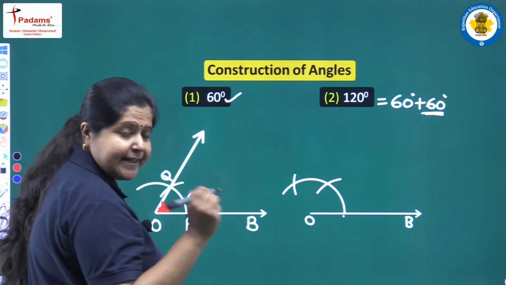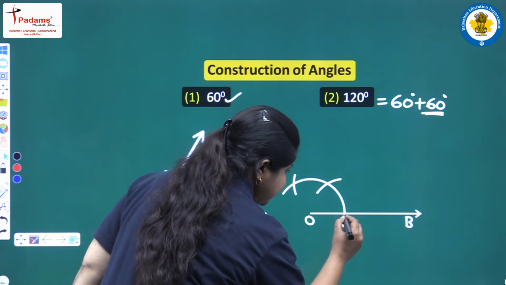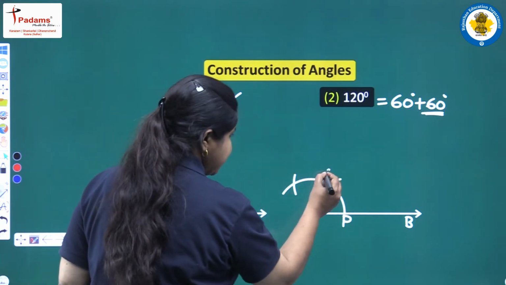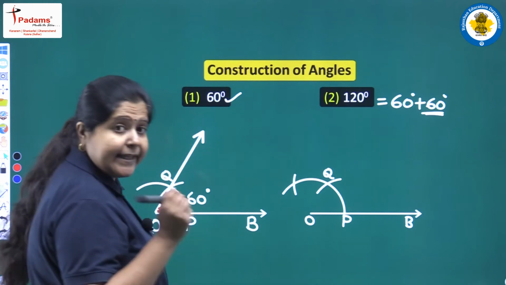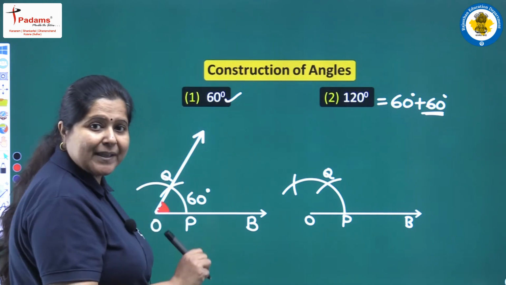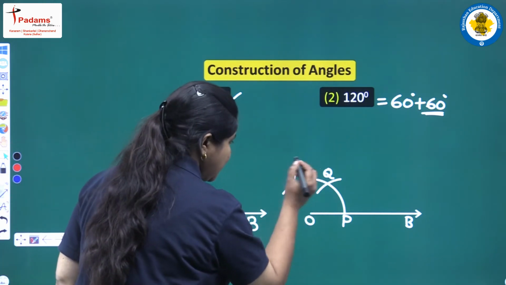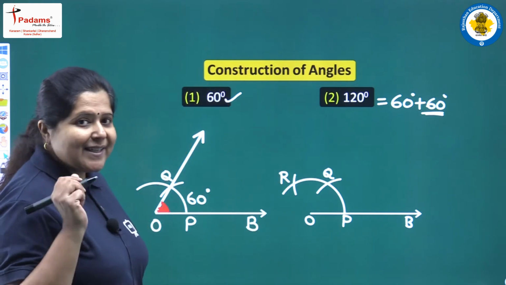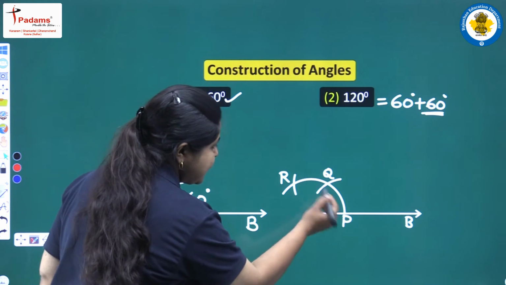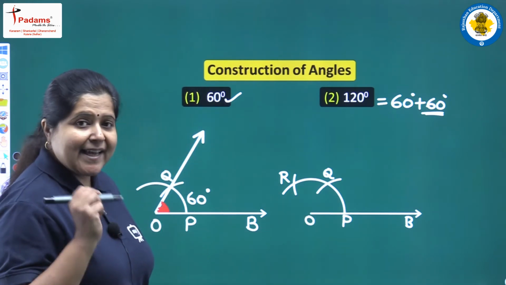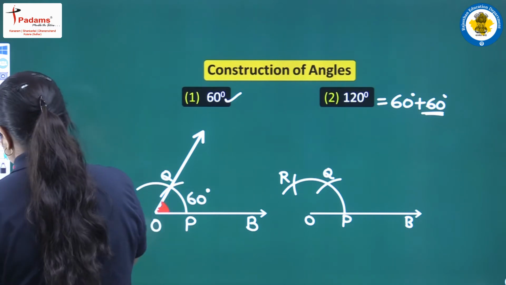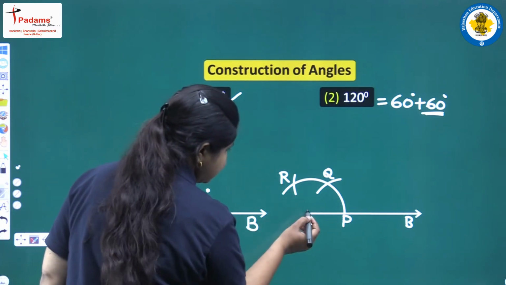Then with the same radius and keeping the center at this point P, we drew another arc and got this point as Q. And then with the same radius, keeping the pointed end at Q, we drew another arc and got this point R. Now we are having two angles measuring 60 degree each, and 60 plus 60 is 120. So we simply need to join OR.